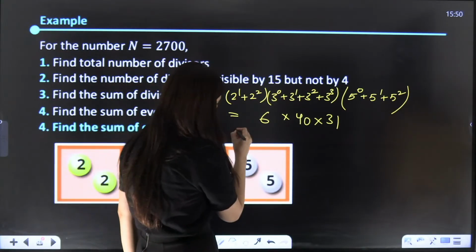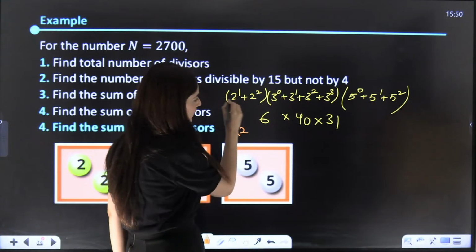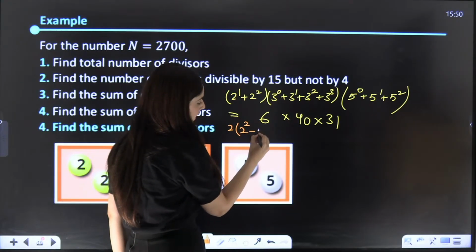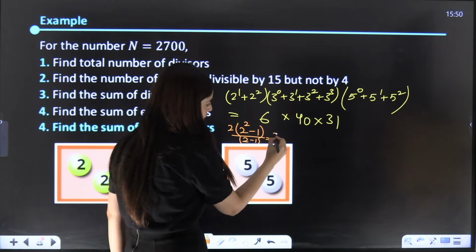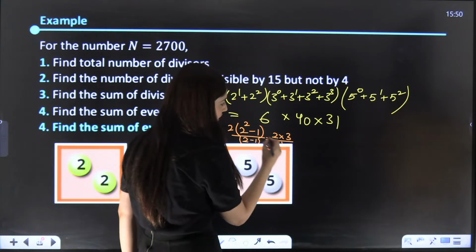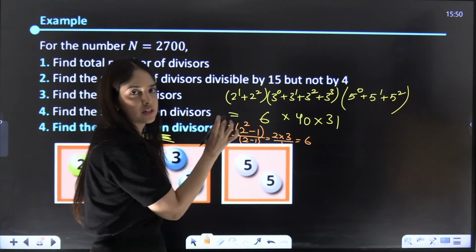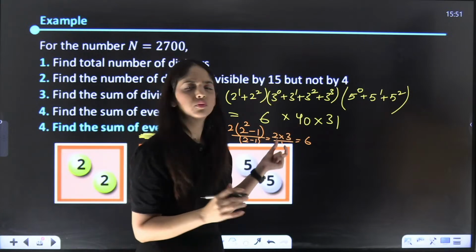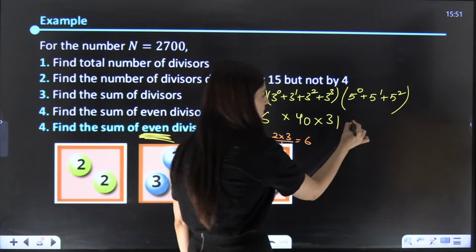Then first term now is 2, common ratio is again 2, number of terms 2 minus 1 by 2 minus 1. So this comes out to be 2 into 4 minus 1, 3 by 1, 6. Or you can directly do 2 plus 4, 6. So whichever way you feel comfortable in, you will get the same answer.